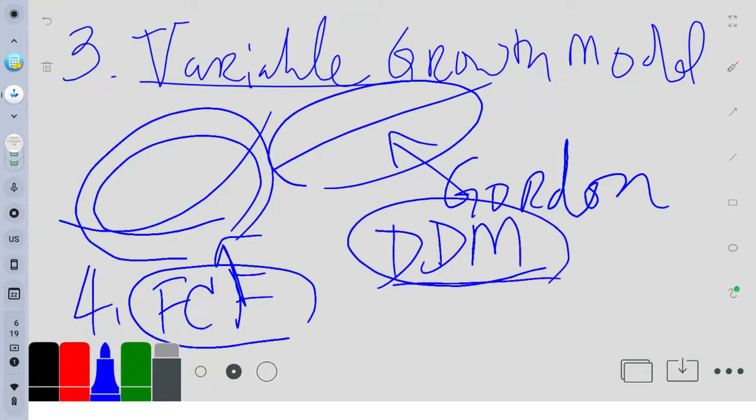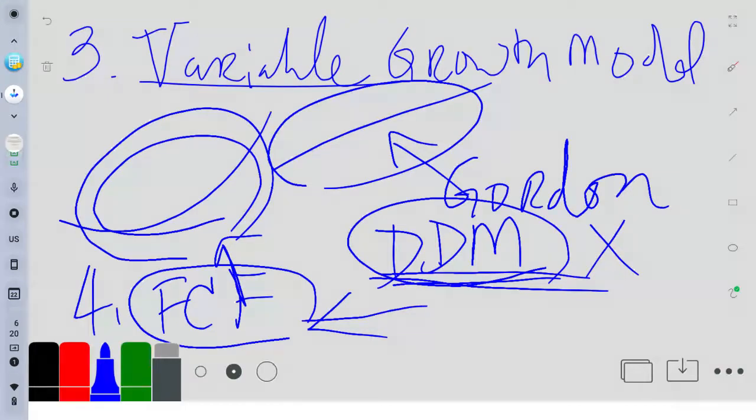If the companies don't pay out any dividend, we can apply DDM only to the cases where they pay out dividends, right? If they don't pay out dividends, then we cannot use this. Then we'll have to use the free cash flow model. Okay, all right.